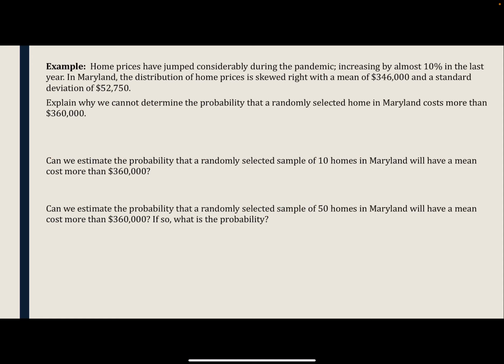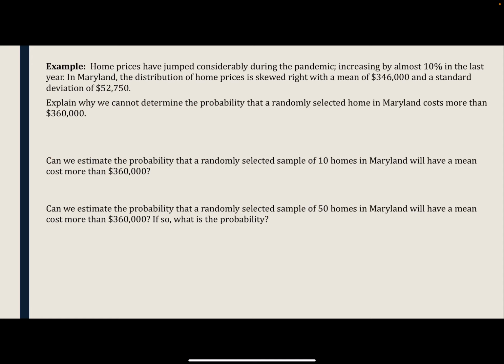The probability that a single home costs more than this amount. But if we're just talking about a single home, then we are talking about the population distribution. And we're told that the population distribution is skewed right. If it's skewed right, then we can't apply the normal model to that distribution.